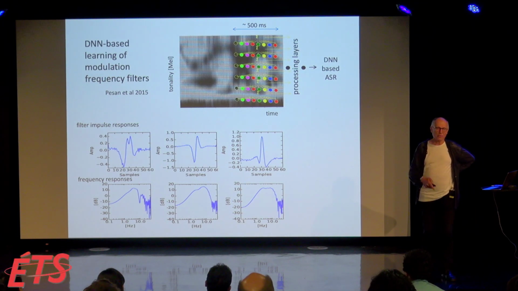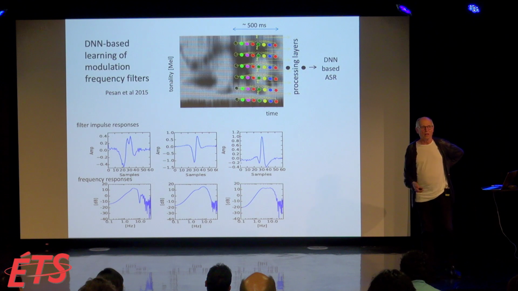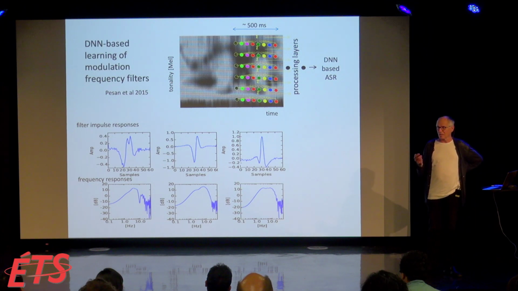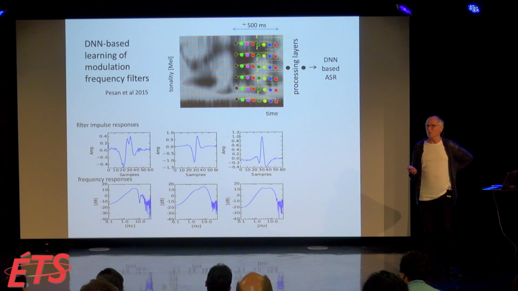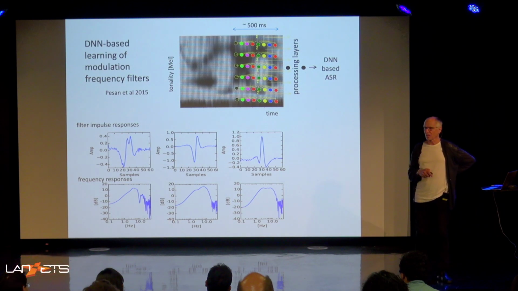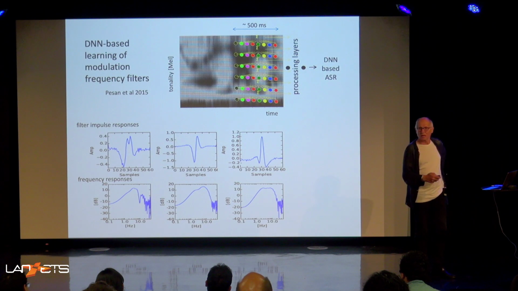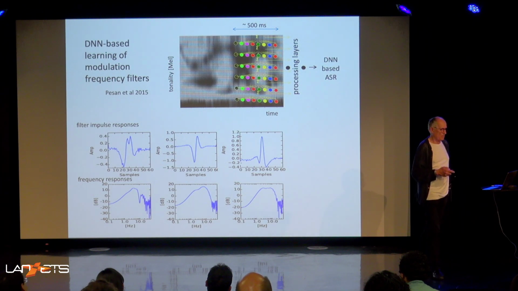So linear processing, nonlinear processing, always you are getting the similar answer, which is you better remove the slowly changing and fast changing components and keep the modulation frequency components which carry the speech.